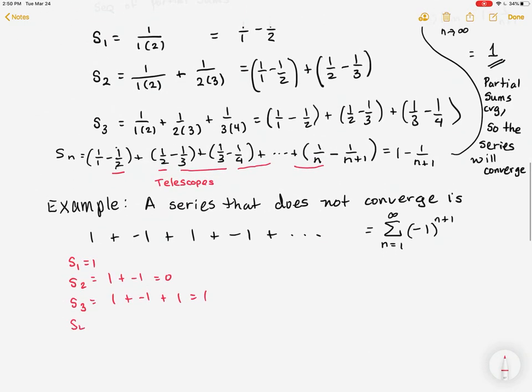The fourth partial sum, 1 plus negative 1 plus 1 plus negative 1, is 0. So these values oscillate between 0 and 1. So that clearly won't have a limit.